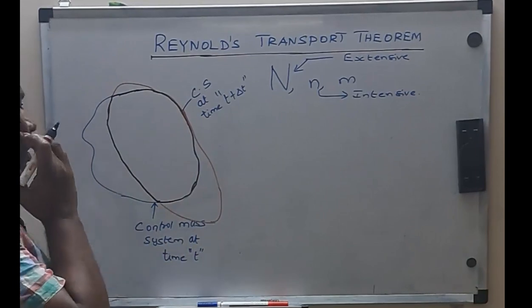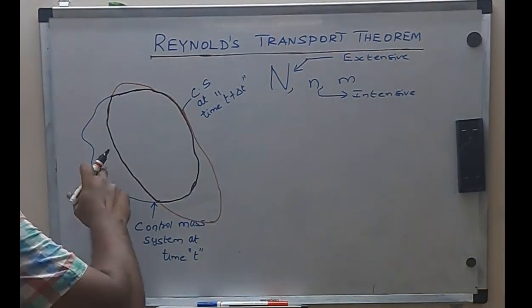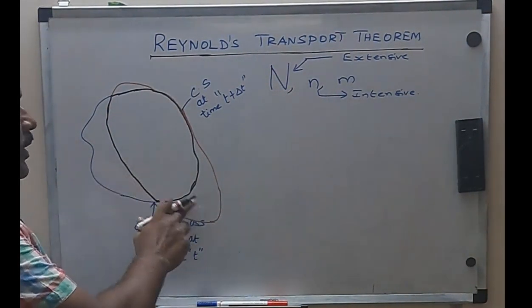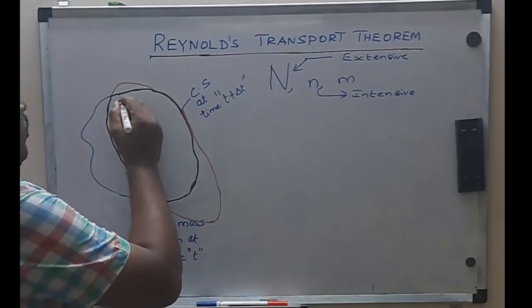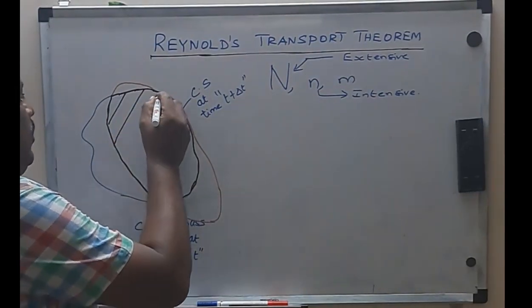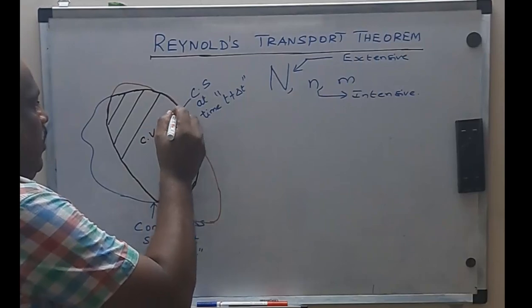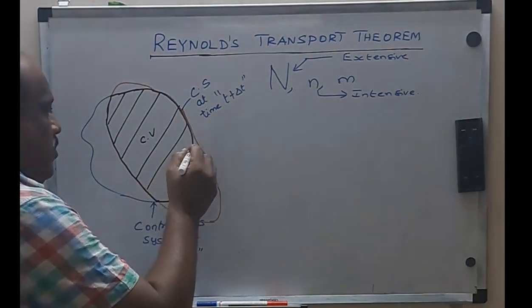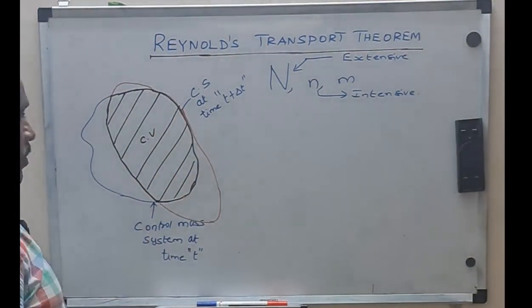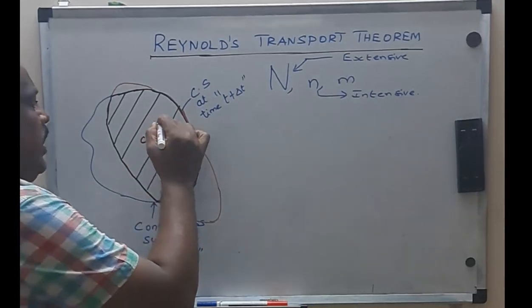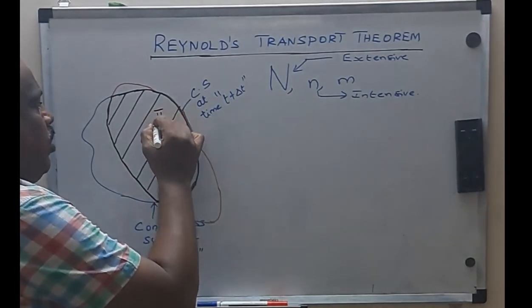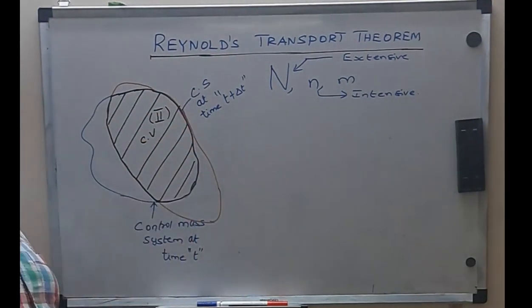So whatever I have drawn in the black color curve, which is common to both the blue color curve and the red color curve, is nothing but my control volume. Let us indicate this region by a Roman letter 2.